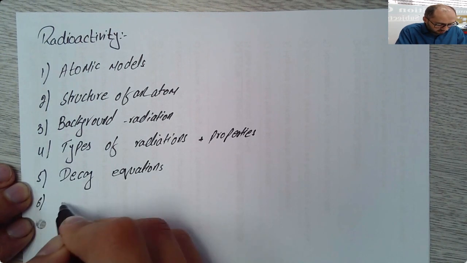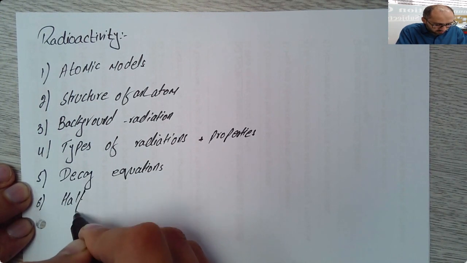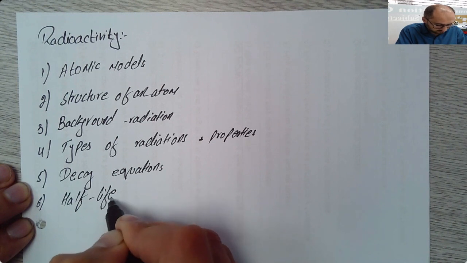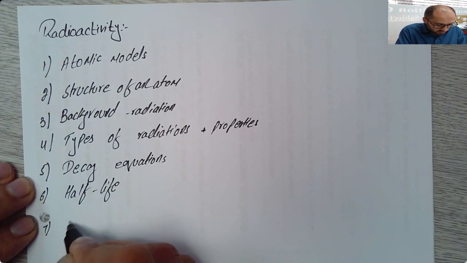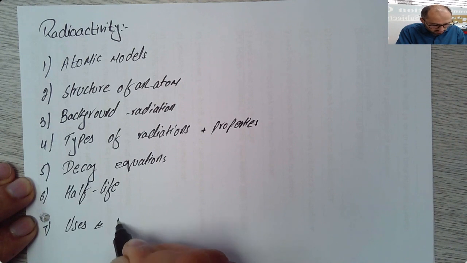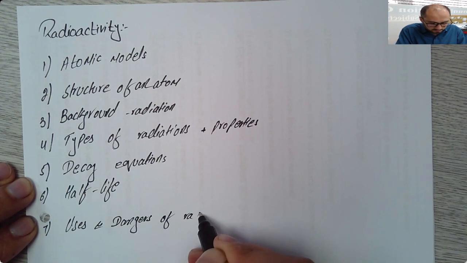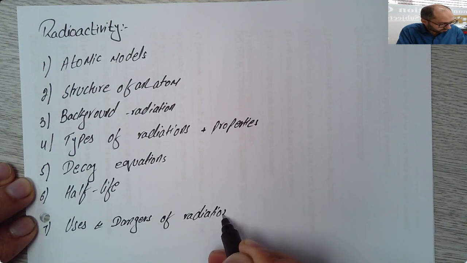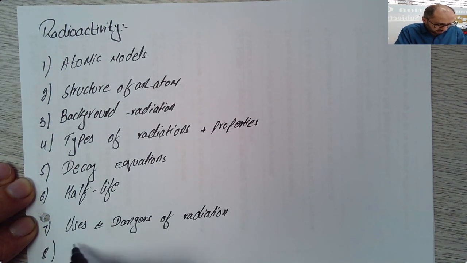Number 6, you will need to know about the concept of half-life. 7, you will need to know about uses and dangers of radiation. And the last one is nuclear energy.